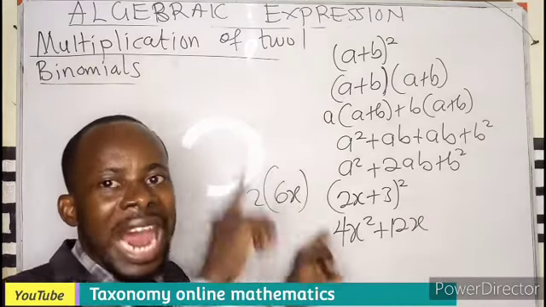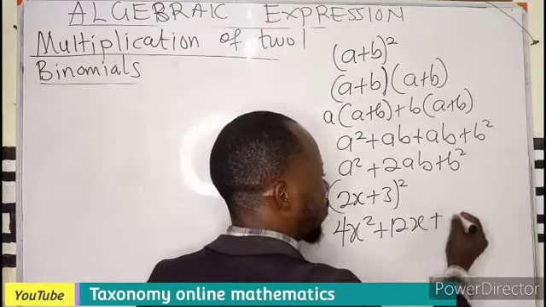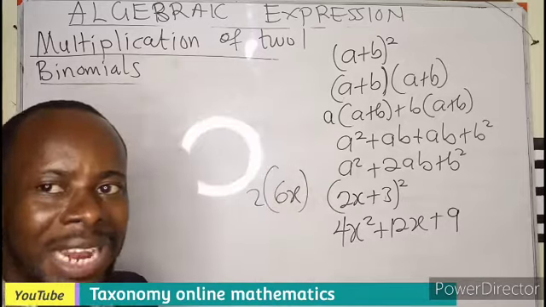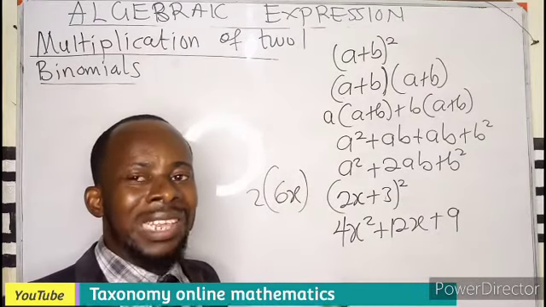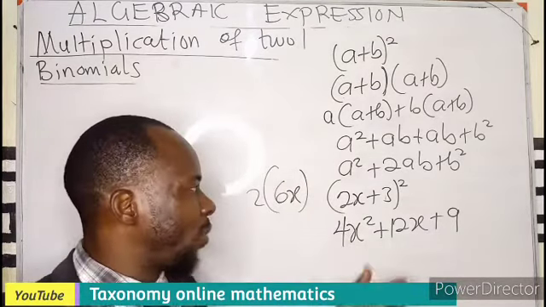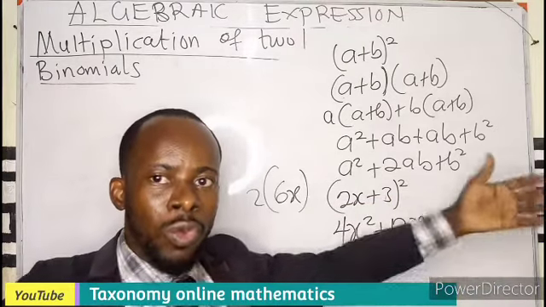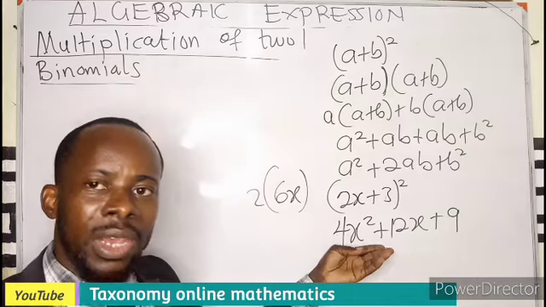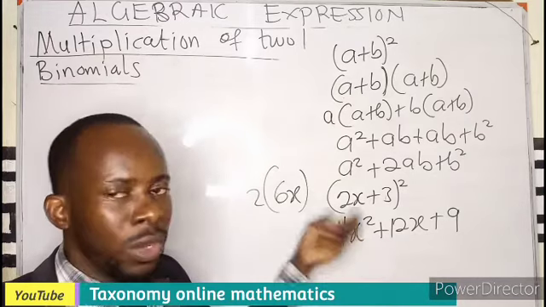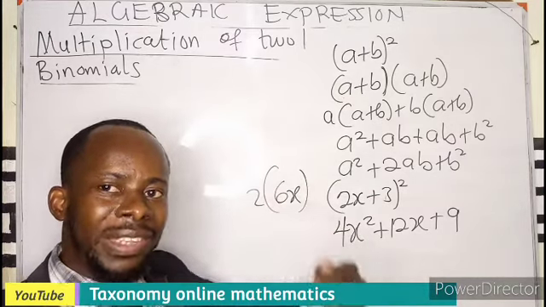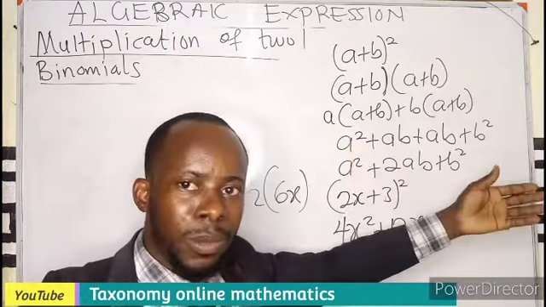Then square the last: 3 squared is 9. That is if we want the answer, we are solving a question and we get to this stage, we want our answer so quickly. Then we employ this principle: square the first, twice their product, square the last.